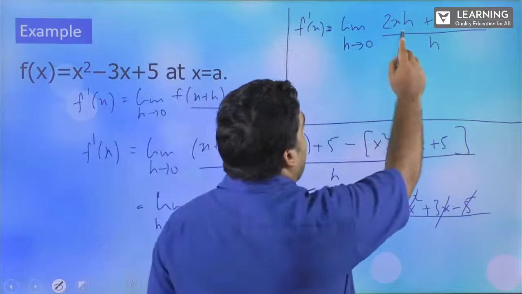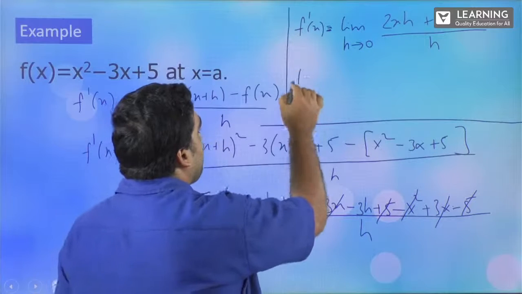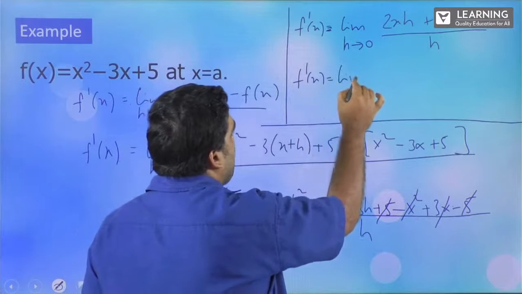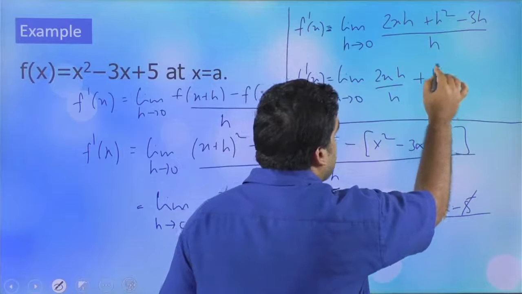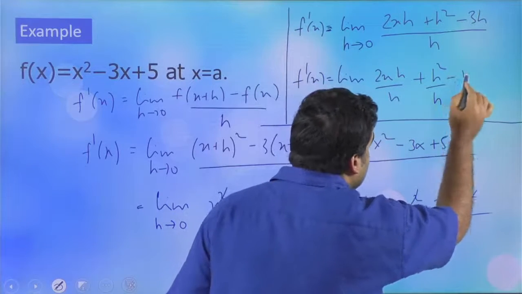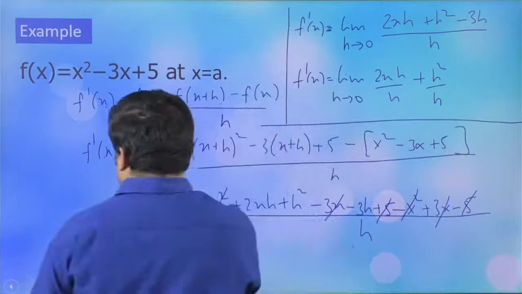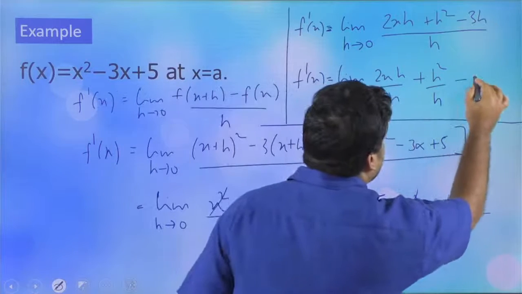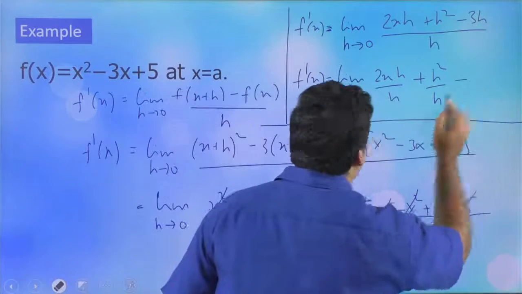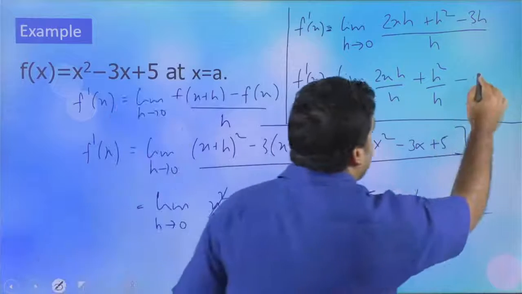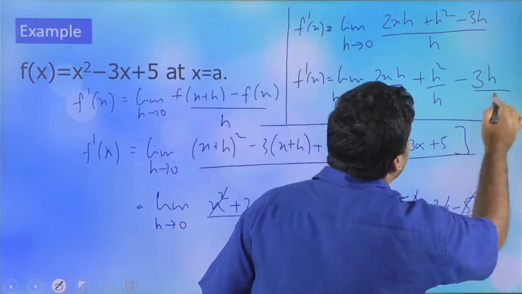And now the LCM for all these three is h, so you can separate them, and then you can write f prime of x equals the limit as h tends to 0 of 2xh by h plus h squared by h minus 3h by h.